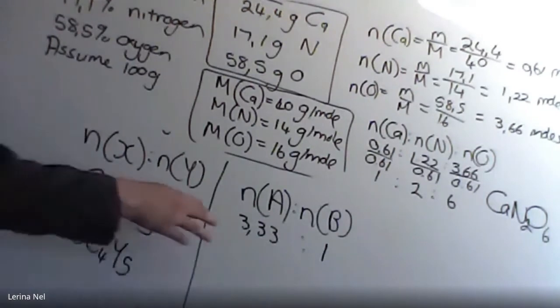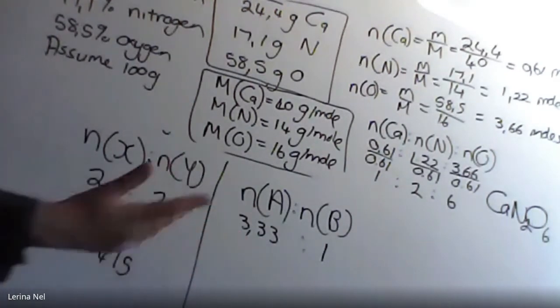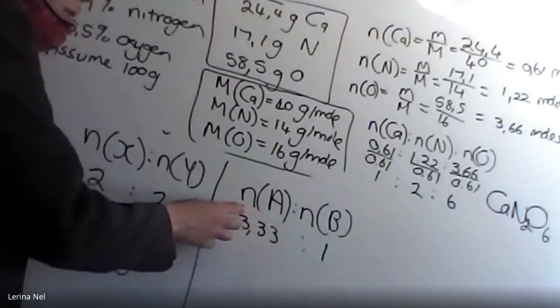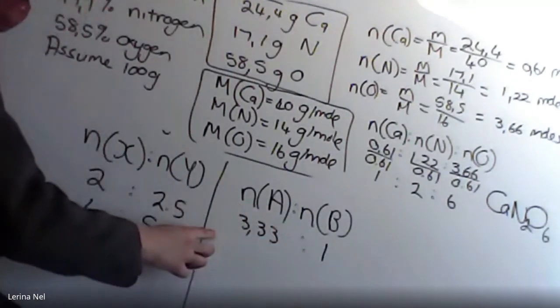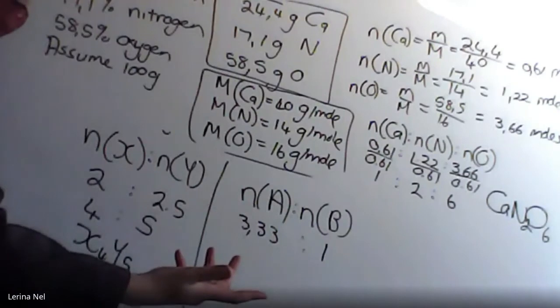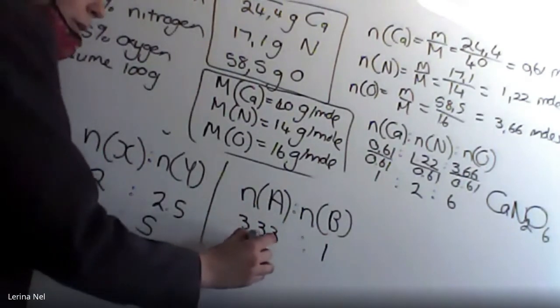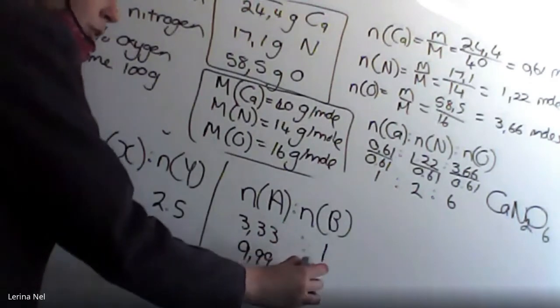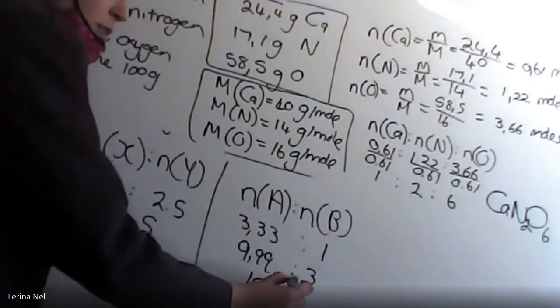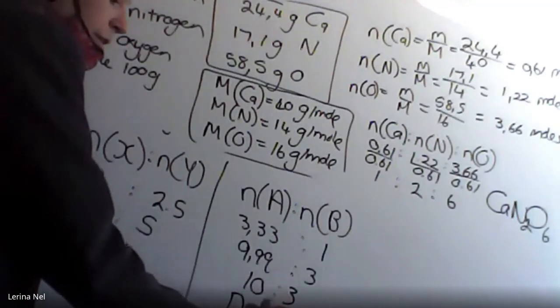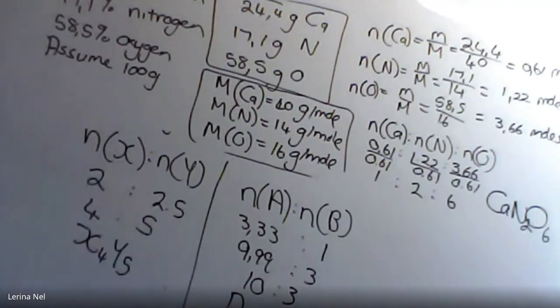We can't just take this down to 3 or up to 4. So how can we change this to a whole number? Multiplying it by 3. You hear what I'm saying? It's going to give me 3 and 9.99, which we can round off to 10, which means it will be A3B10. Just make a note of this.